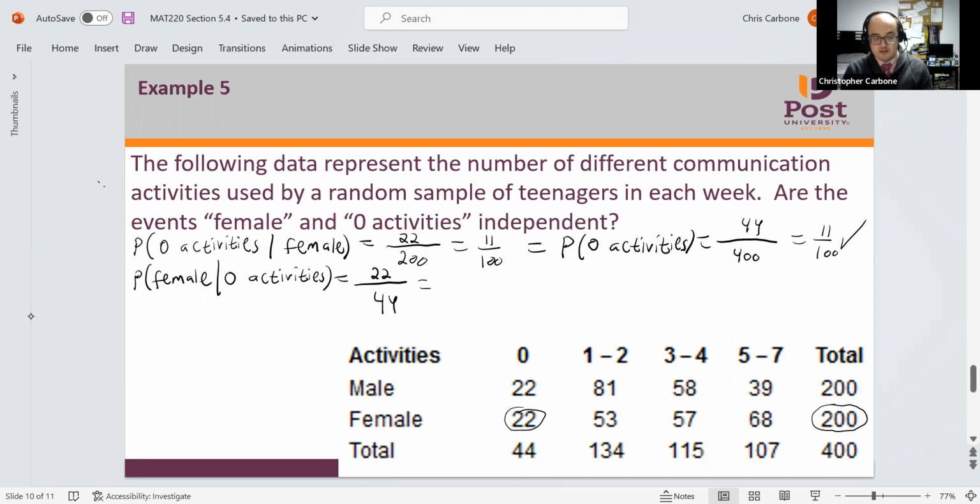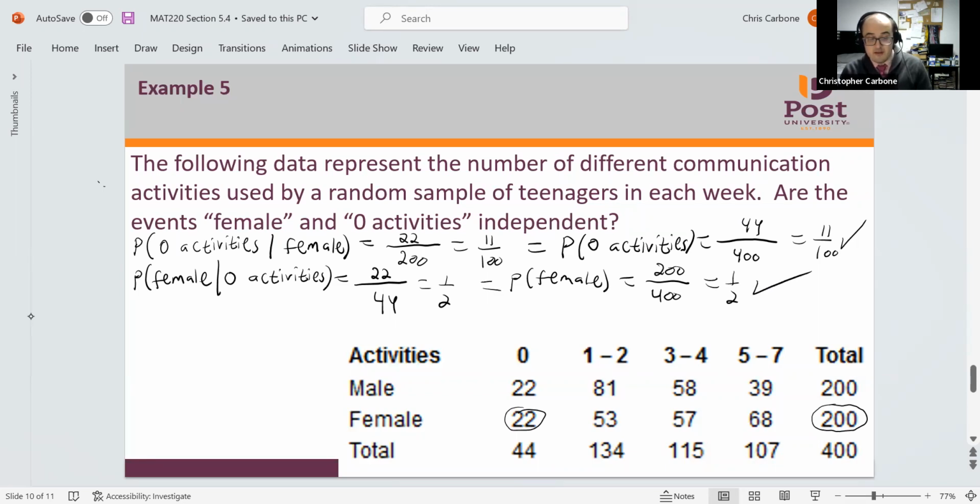That reduces to 1/2. And now the probability of being female: there's a total of 200 females out of a total of 400 people. That's also 1/2. So both of these are also equal.